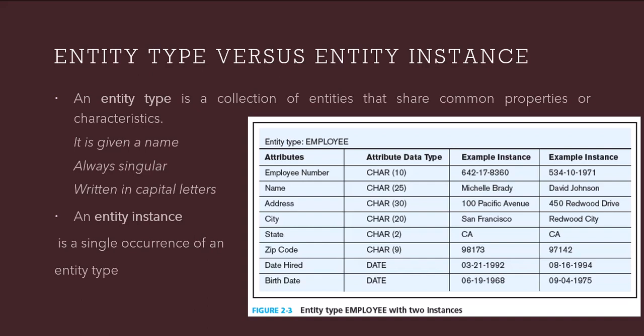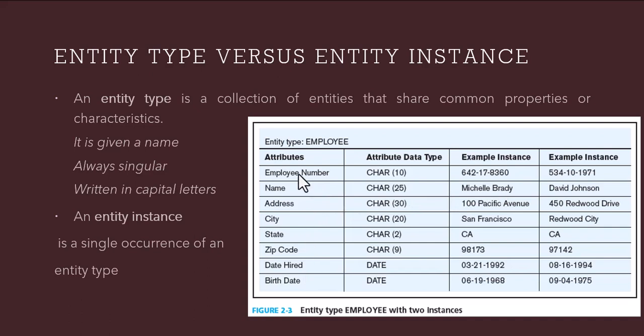An entity instance is a singular occurrence of an entity type. For example, in this entity type employee, there are two instances. One instance is shown in this column, and one instance in this column against these attributes.